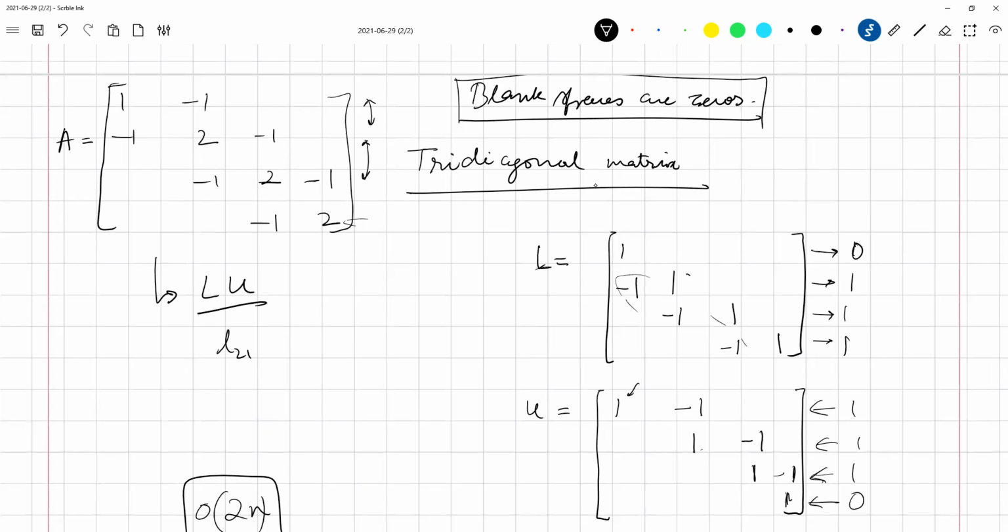Here you might not get 1 1 1 because your pivots might be different and these might be different values. But in this case also, you will get an upper triangular matrix with only one extra diagonal. Everything else is going to be 0 in any tridiagonal system. Do you agree or no? These will not be minus 1 minus 1 minus 1, I agree with that. But all these terms will be zeros. Do you agree or no?